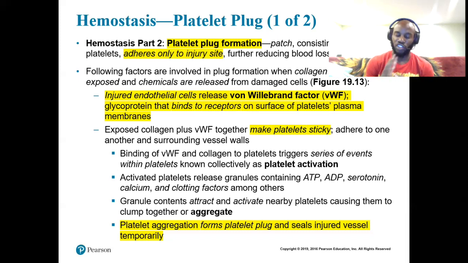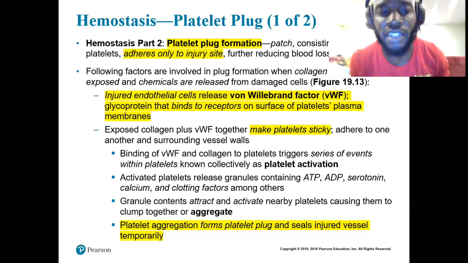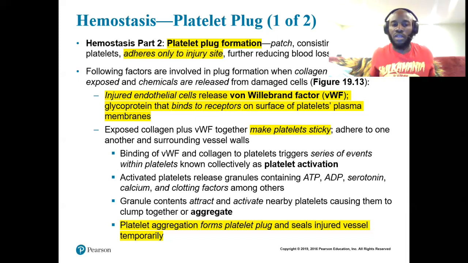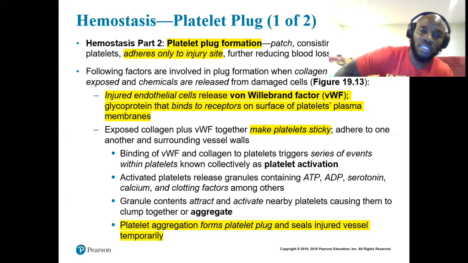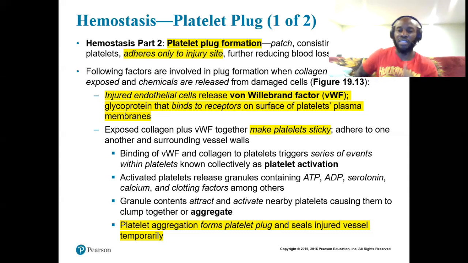And when we talk about the structure of the blood vessels, we're going to talk about the endothelial cells that line blood vessels. So these endothelial cells have been displaced, broken apart, injured in some way. They release this von Willebrand factor that binds to receptors on the plasma membranes of the platelets. This VWF, this von Willebrand factor, makes platelets sticky.